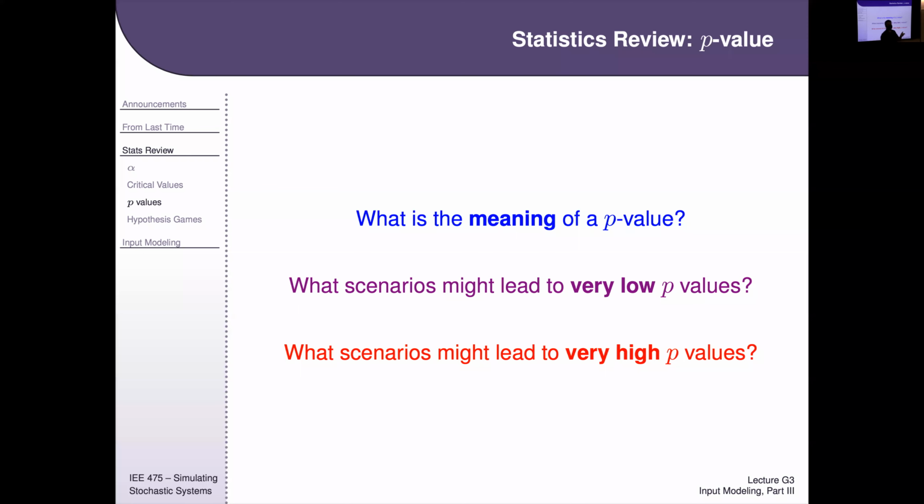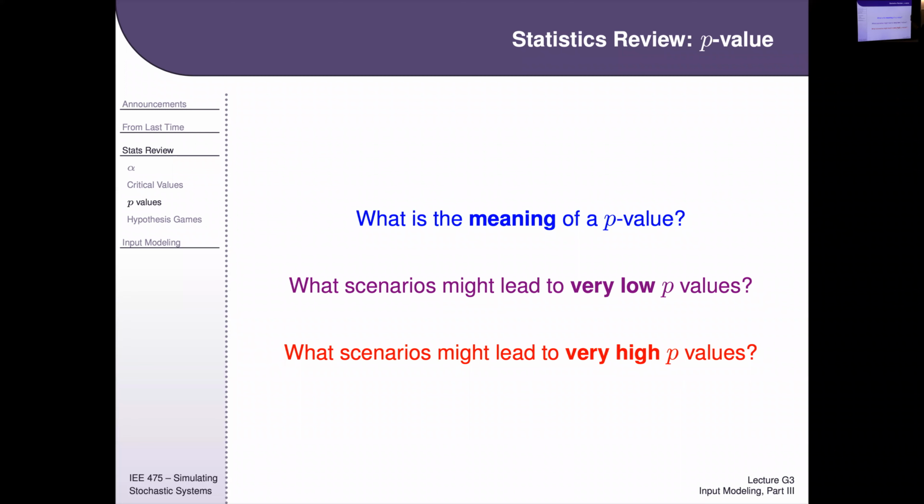It's the probability that the deviation from the null you observe in the data would be at least as large, given that you're under the null. That's what your p-value is. We often use p-values with alpha as an alternative way to have a critical level.